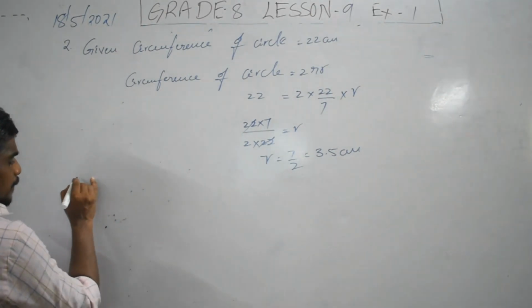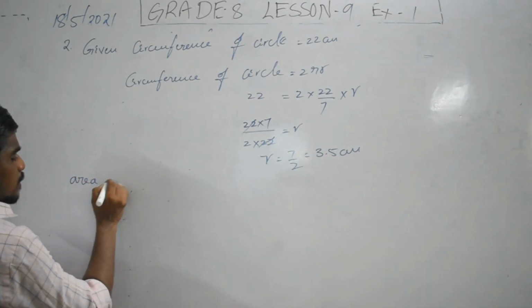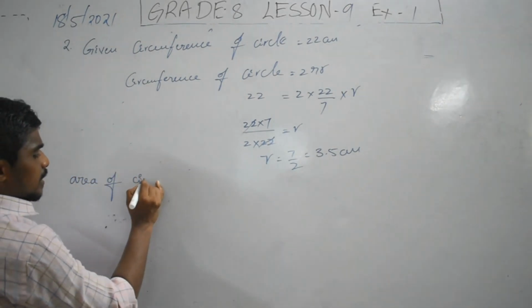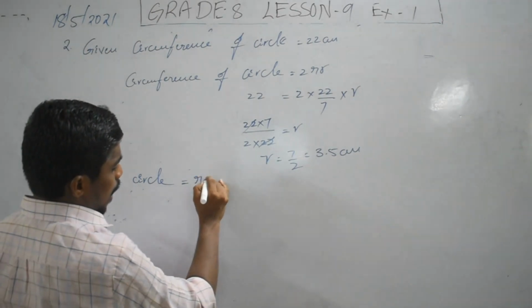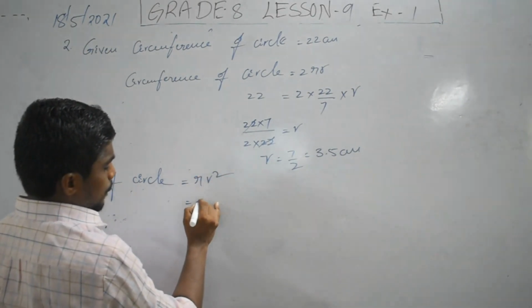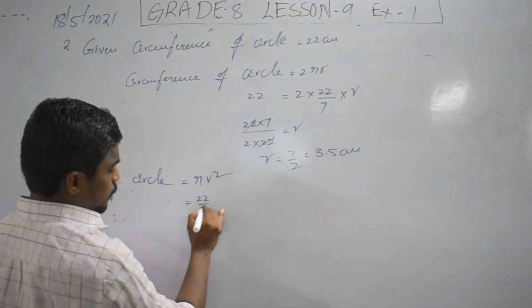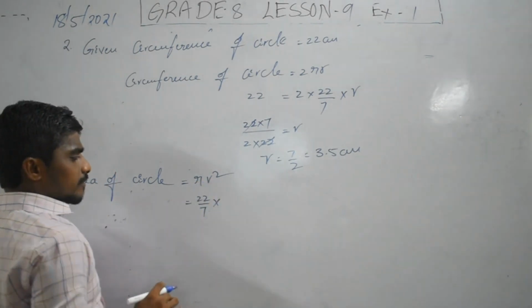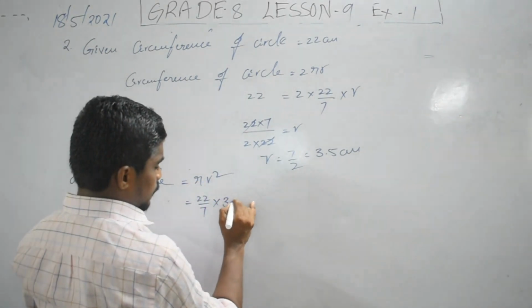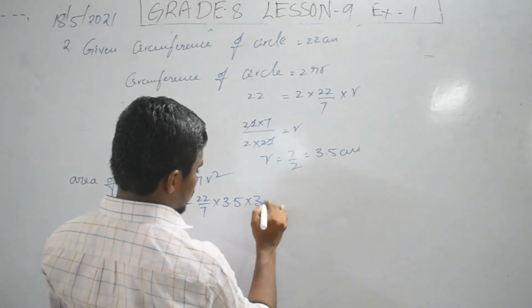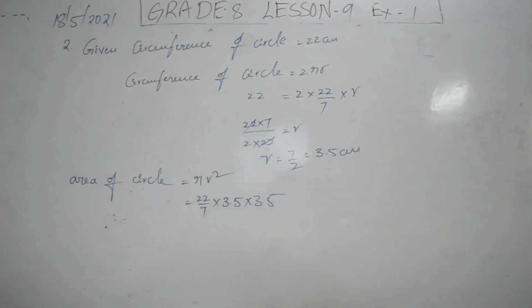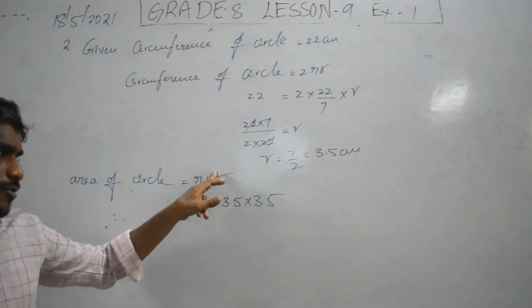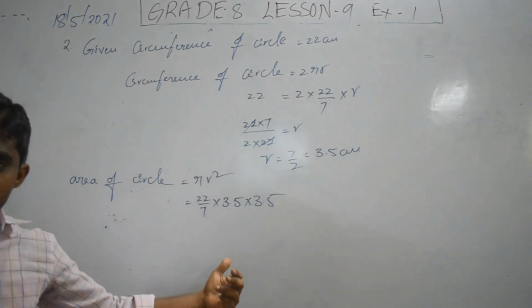So area of the circle is pi r square. Pi value we know, 22 by 7. R value 3.5. Why write it 2 times? Here see, r square means r into r.